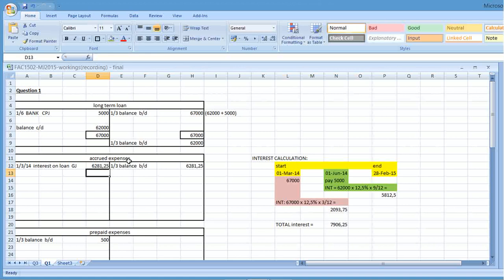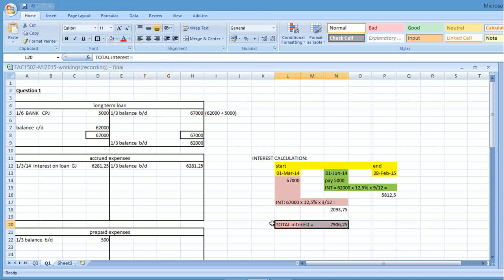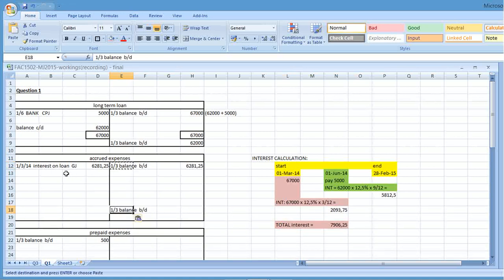That's the amount that I have that was from last year. We know that this year the total interest that's payable amounts to 7906.25. So we know there's going to be a balance brought down for the next period, and a balance carried down, and we already know what the balance is. It's this amount.